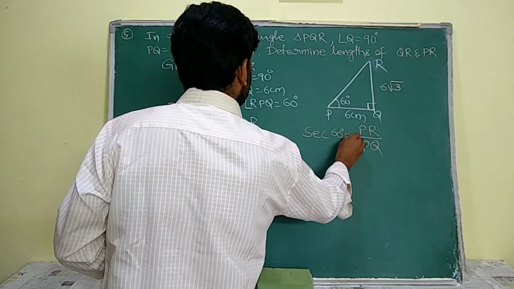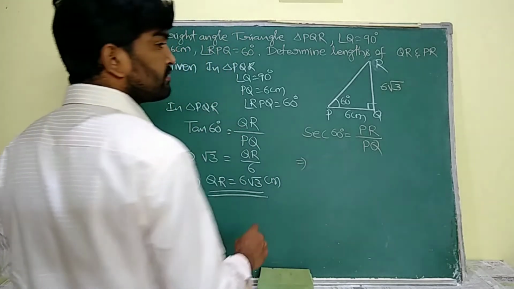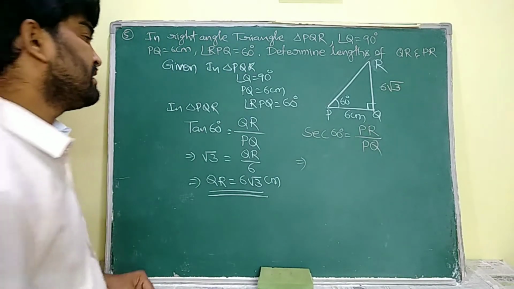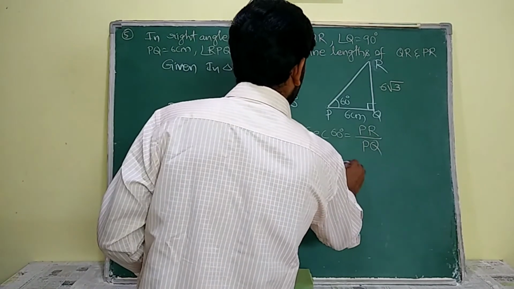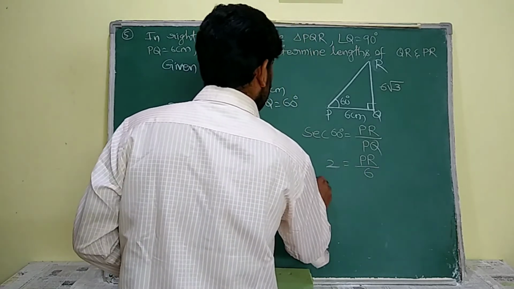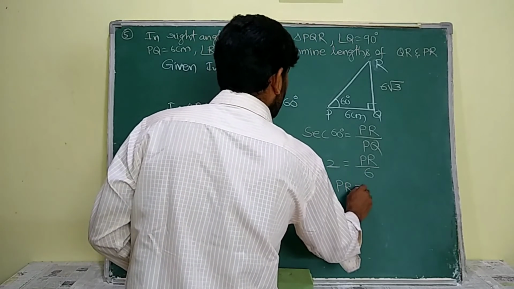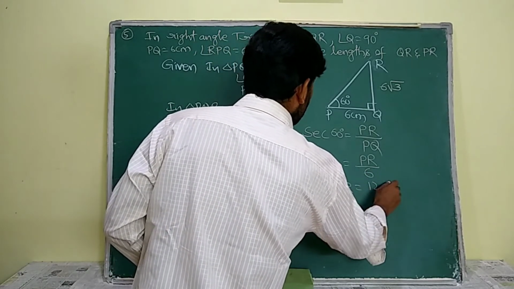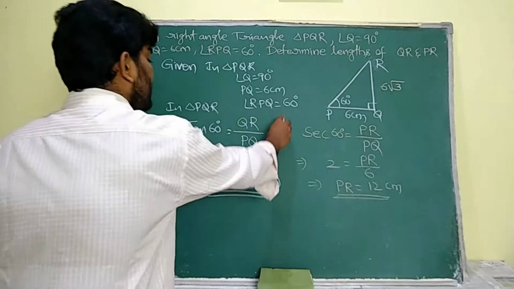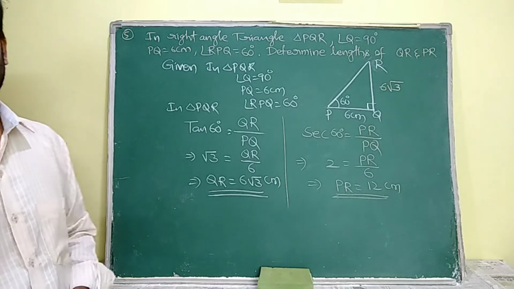Secant 60 degrees: we know that cos 60 is 1 by 2, then secant 60 is equal to 2. That is PR by PQ is equal to 2, so PR is equal to 6 into 2, that is 12 centimeters. In this way, we calculate the two unknown sides.